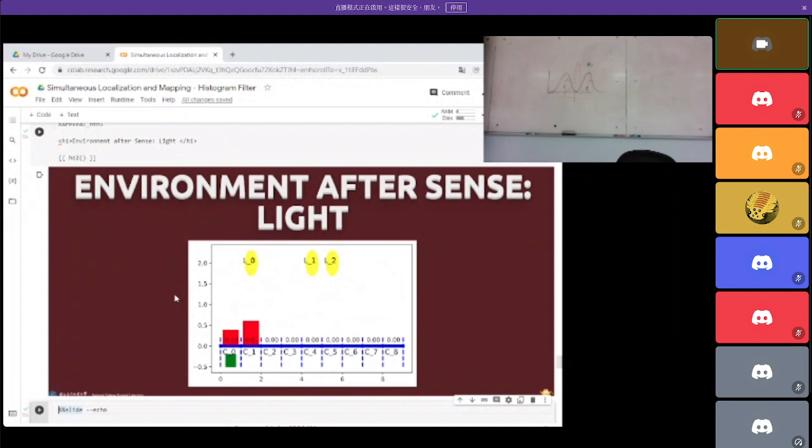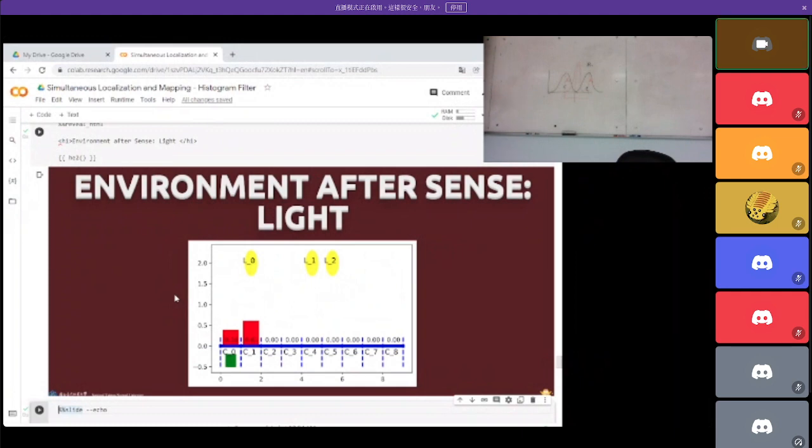Before it was more sure. It thought it's more likely that I'm in C0. So my prior belief was C0, 0.75, C1, 0.25, everybody else 0. But now I detected light.